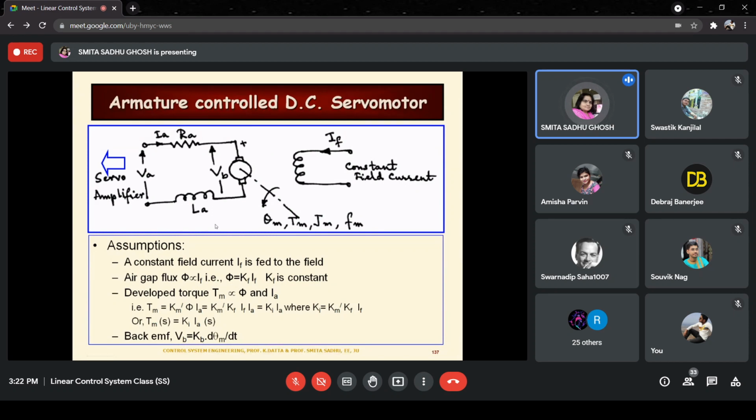Otherwise, we'll get lost midway and we will not be able to find out what exactly we want. We will get confused. That is why, even before starting, we've identified what the input is going to be, what the output is going to be. So now we can write the relations and then try to get rid of the intermediate variables to obtain a relation between theta m and VA.